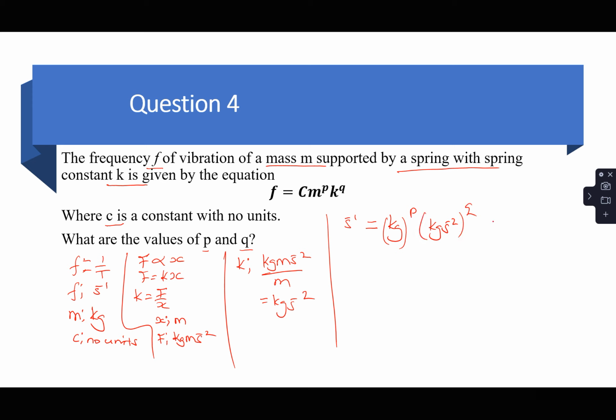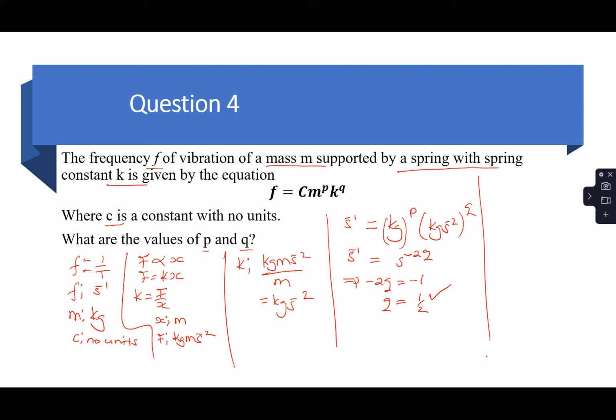It is easier to start with q, maybe. So this side I have s power negative 1. The other side I will have s power negative 2 times q. So that will be negative 2q. So this implies that negative 2q is equal to negative 1. So q is going to be equal to a half. q is a half.